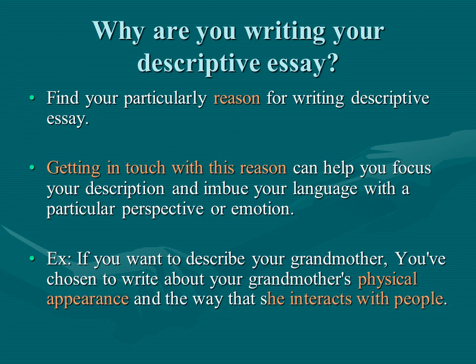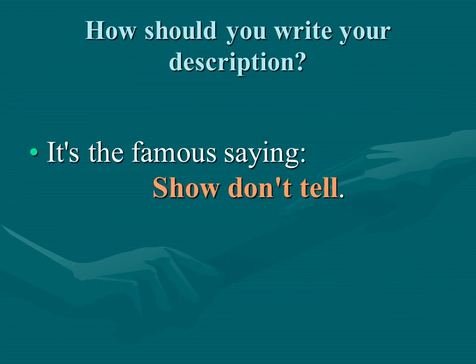Physical appearance means his height, his weight, skin color, hair color, whatever. That's physical appearance. At the same time, we describe his character, the way he interacts with people. Is he nervous? Is he kind? That's what we mean by physical appearance and character descriptions.